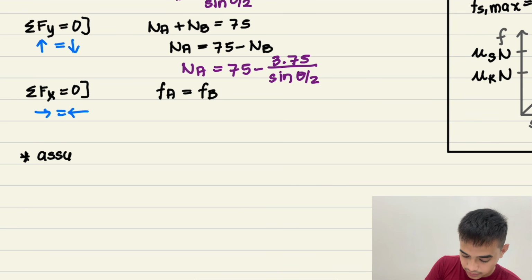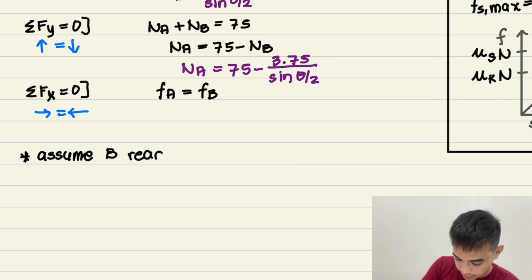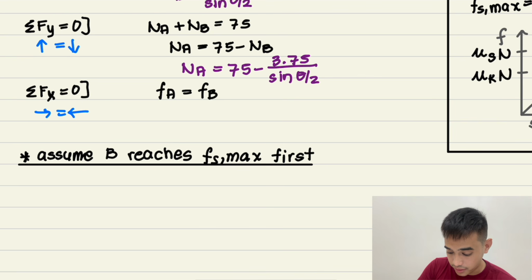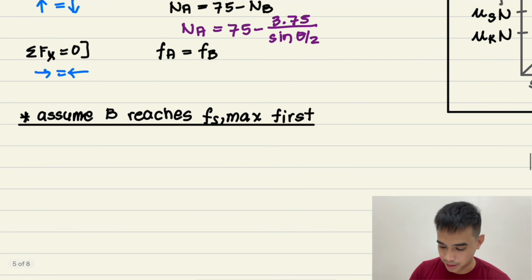So assume B reaches Fs max first. So again, later I'll explain why this is the more convenient initial assumption.